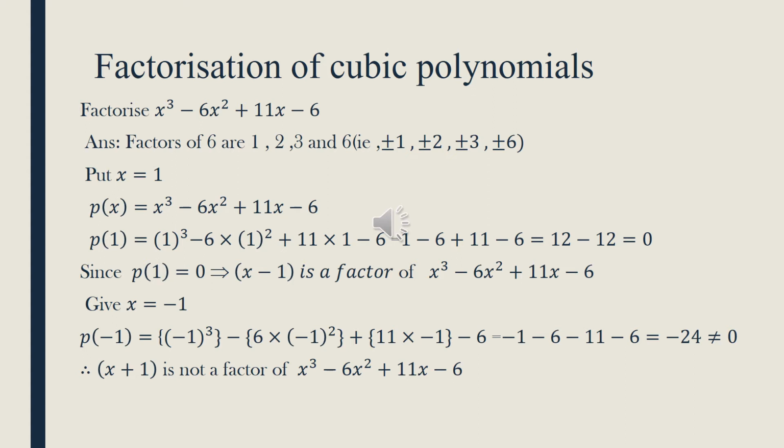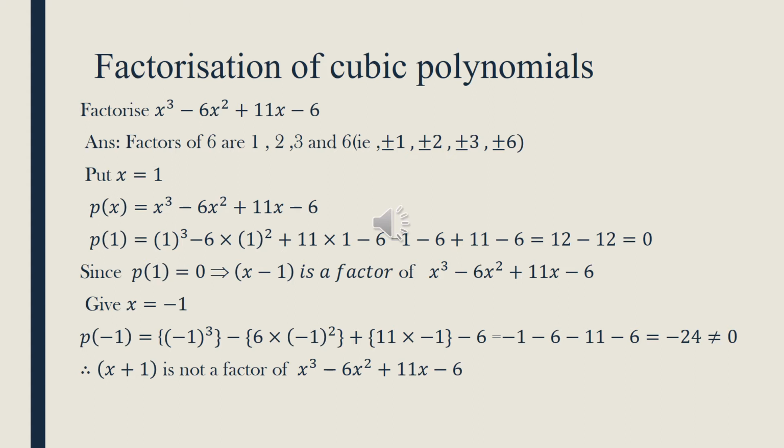Adding the positive numbers we get 12 and adding the negative numbers we get minus 12, which is equal to 0. Since p of 1 equal to 0, we can say x minus 1 is a factor of our cubic polynomial. Similarly, we keep on trying with all the factors of 6 till we are able to find all the three factors of our polynomial.